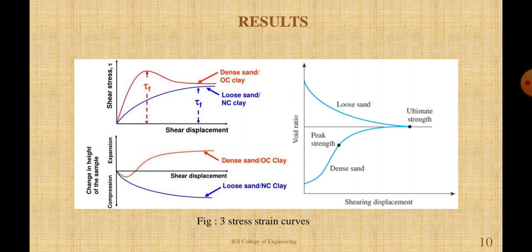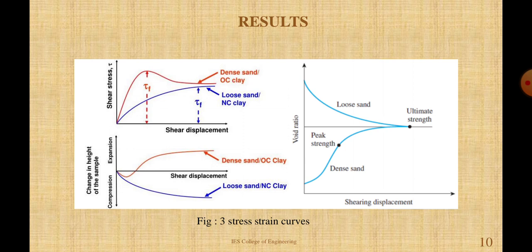Next, we can discuss the results obtained from the direct shear test. Figure 3 shows the stress-strain curves obtained from the direct shear test. Figure A shows the stress-strain curve plot between the shear stress tau and the shear displacement delta H by L. In case of dense sand or over-consolidated clay, the shear strength attains a peak value at a small strain.